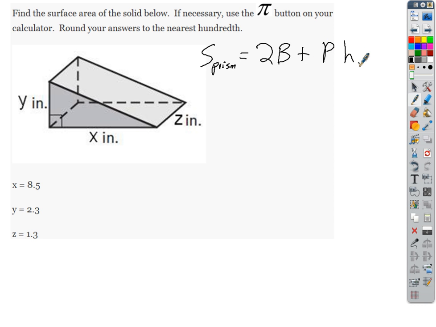And we want to remember what those things mean. When you look at these formulas, it's easy just to write them down without ever thinking about what they mean. But it's important to keep track of what those terms mean.